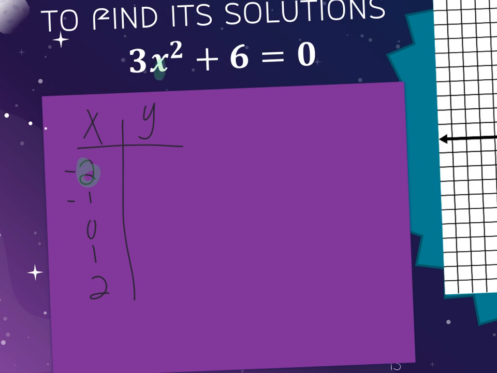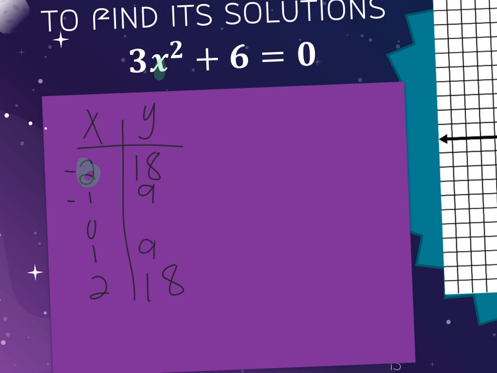So if I plug a -2 in for this x, I have -2 times -2, which is +4. 3 times +4 is 12, plus 6 is 18. I'm going to do the same thing with -1. So -1 squared is +1. 3 times 1 is 3, plus 6 is 9.